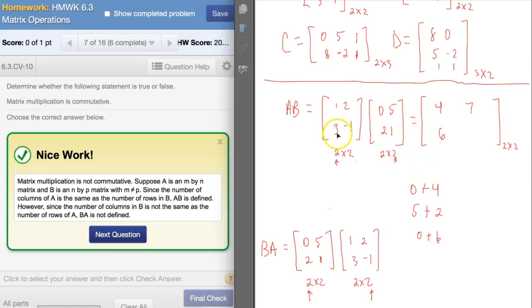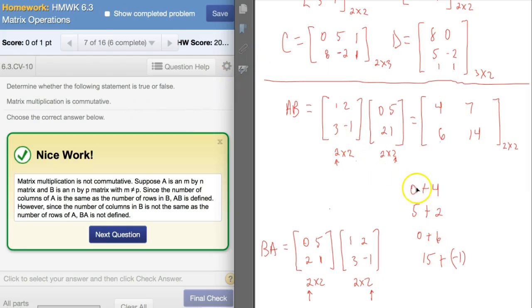Similarly, if we say 3 times 5, that gives us 15, plus -1 times 1 gives us a -1 there, and that gives us a positive 14 as a result. So whenever we multiply matrix A times matrix B in that order, that's what we get as a result there.